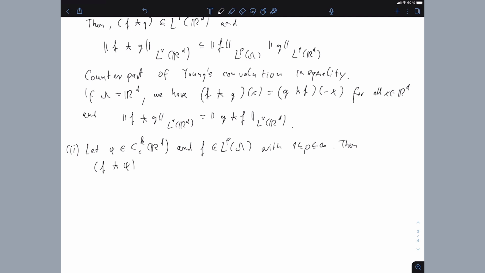Then the correlation of f and psi is also differentiable. So the correlation inherits the differentiability of its arguments. It's sufficient if one of those is differentiable for the result to be differentiable.